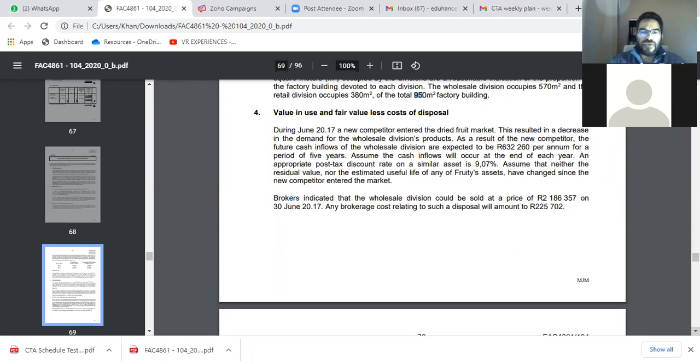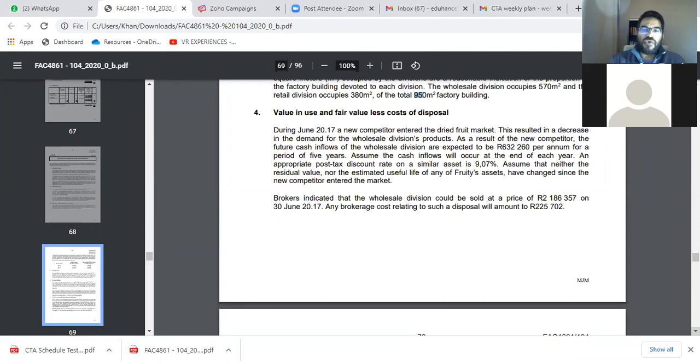So it goes as follows. During June 2017, a new competitor entered the dried fruit market. This resulted in a decrease in the demand for the wholesale division's products. Okay, so there is an indication of impairment, so we'll have to perform an impairment test.